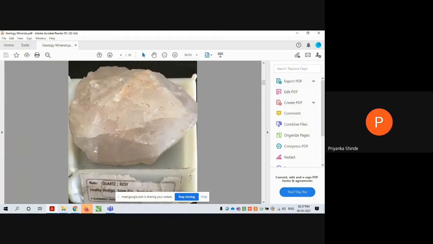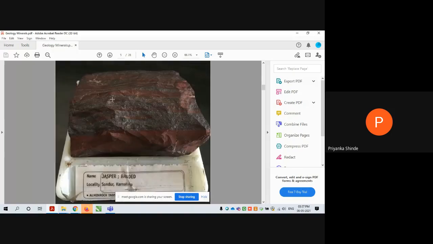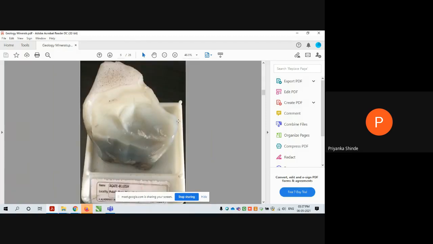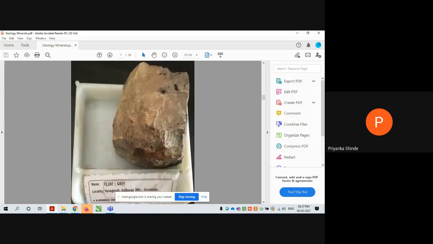If you touch the broken surface of any of these quartz, you can feel the curved surface. Here on the agate you can see where it has broken with a curved surface.